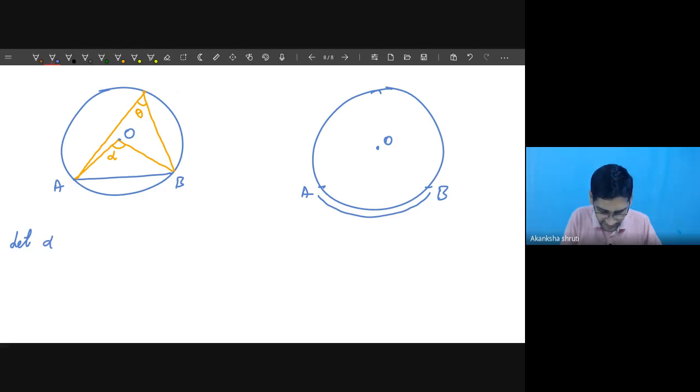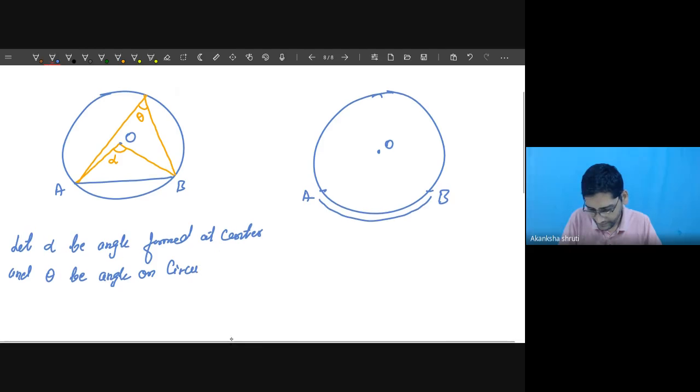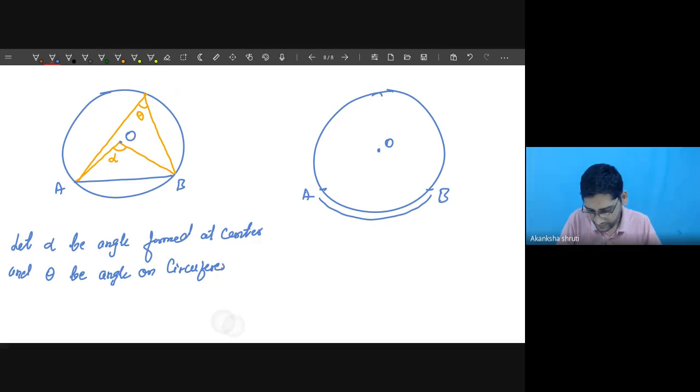Let alpha be the angle formed at center, and theta be the angle on circumference on the same side of the chord.